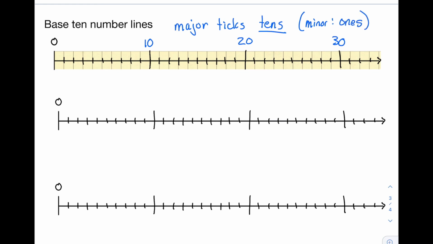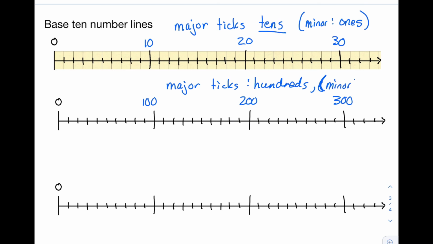I could create a base 10 number line where the major ticks are hundreds. Starting at 0, if I count by hundreds, I'll have 0, 100, 200, 300, and then my minor ticks are going to be the tens, 10, 20, 30, and so on.